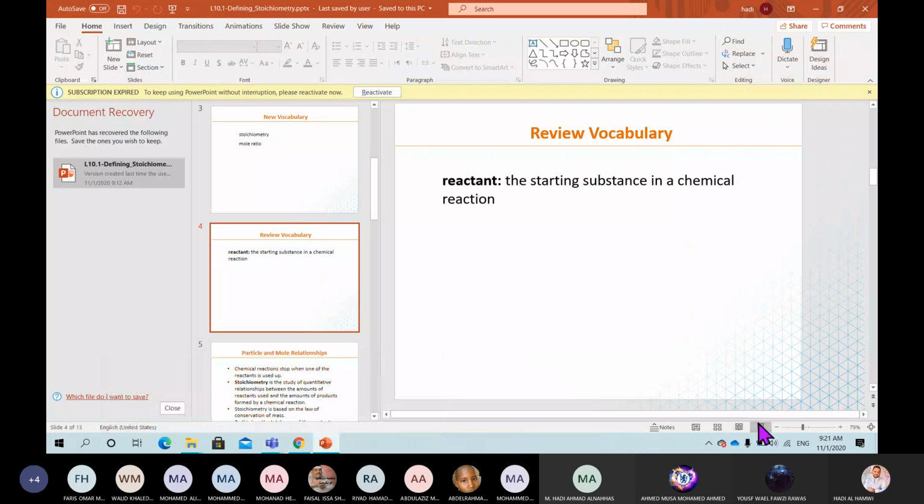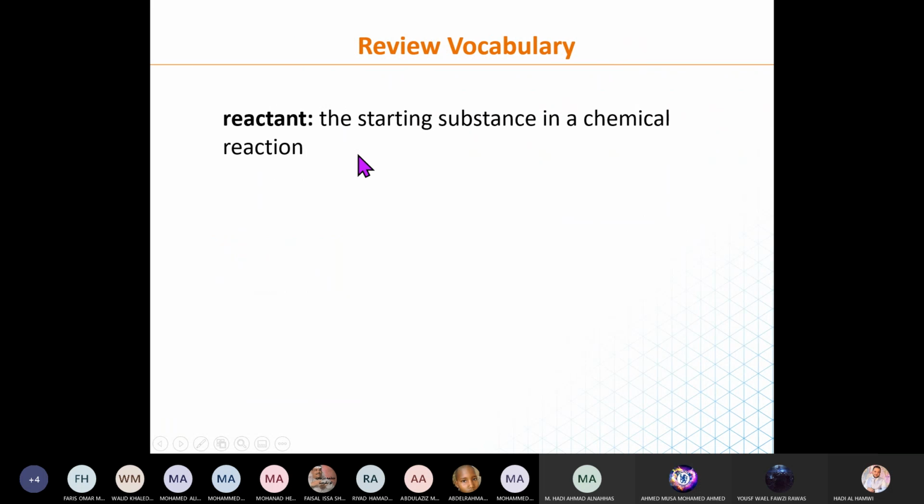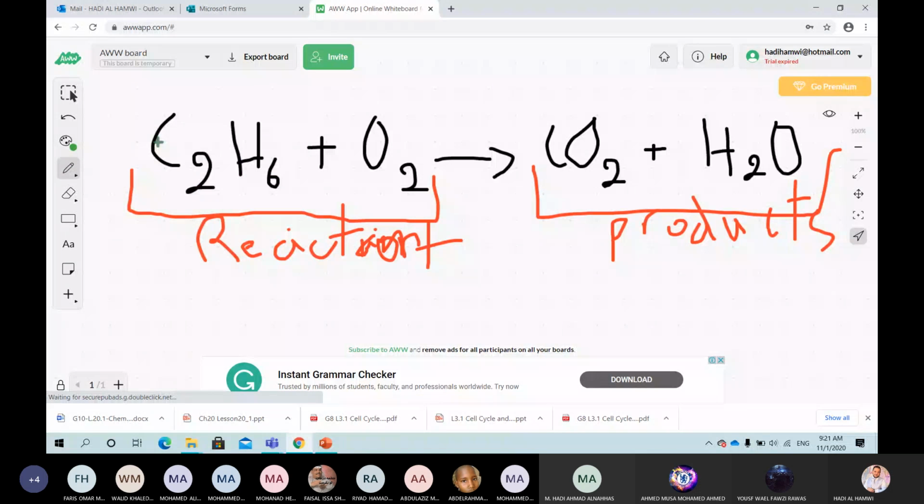So we will continue our presentation. Particles and mole relationship: you should know that chemical reactions stop when one of the reactants is used up. For example, in this equation, C2H6 plus O2 gives CO2 plus H2O, let's say oxygen is in the least amount.